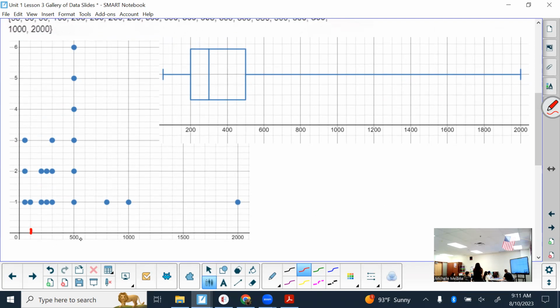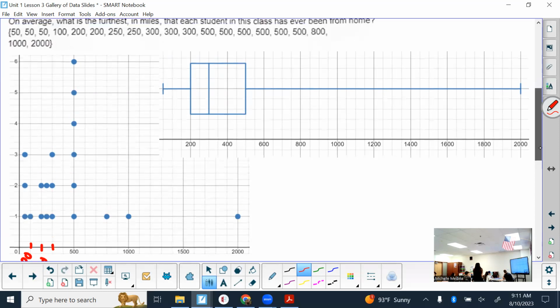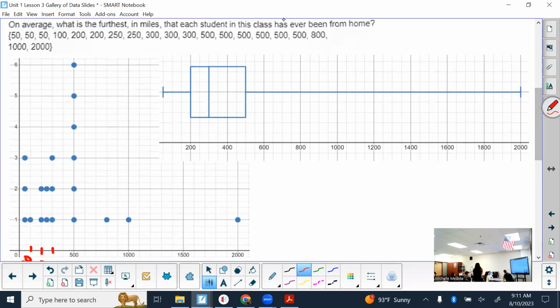The ones that are labeled are counting by 500, but each individual tick mark is 100 the way that this is drawn. All right, so I can still see some of this data where it's like 250. Even though I don't have a specific tick mark for the 250, I know 250 is between what two numbers?